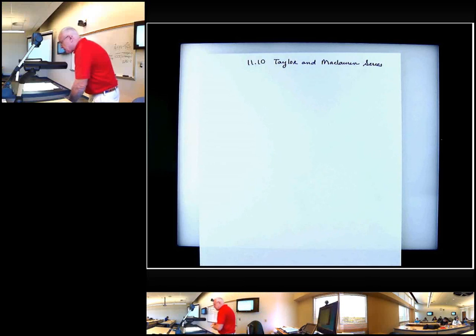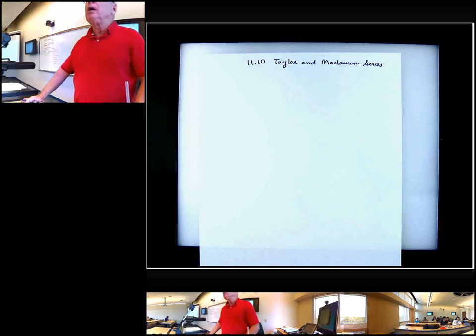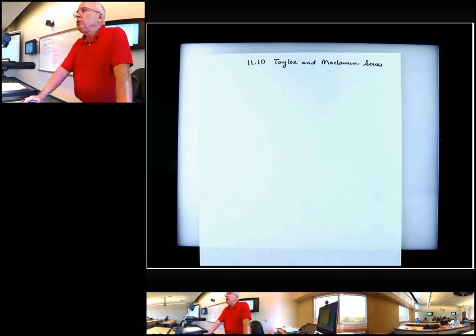This last section here, we're still going to be talking about power series, and we're going to be talking about representing a function again as a power series, but it's a more general way of doing it than the very particular way that we did in the last section. Last section, it was all centered around this 1 over 1 minus u and getting a power series representation that way.